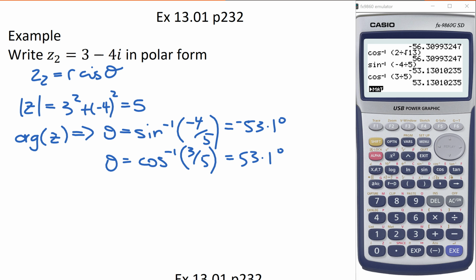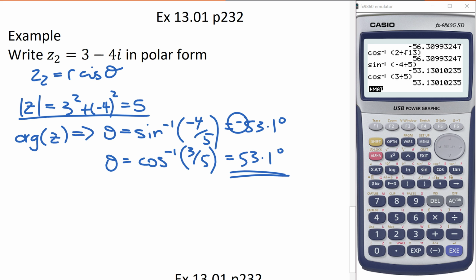I did my Pythagoras' theorem and I got my modulus of 5 just here. Then I did my argument of z. I found the arc sine was negative 53.1. The arc cosine was 53.1. What does that tell me? It tells me my angle is 53.1 and my sine is negative.